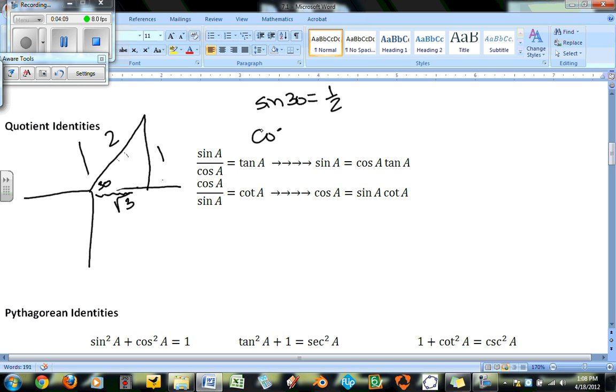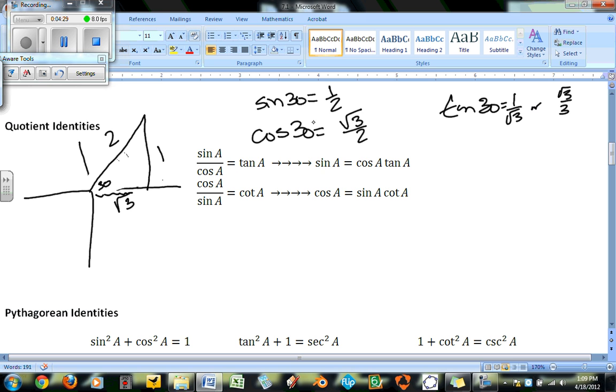And the cosine of 30 degrees is the square root of 3 over 2. The tangent of 30 degrees would be opposite all over adjacent, which would be 1 all over the square root of 3, or square root of 3 over 3. We've talked about that too.